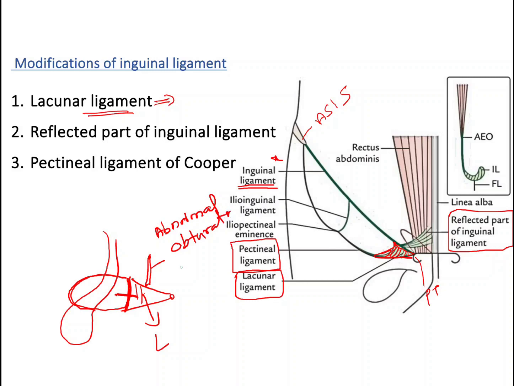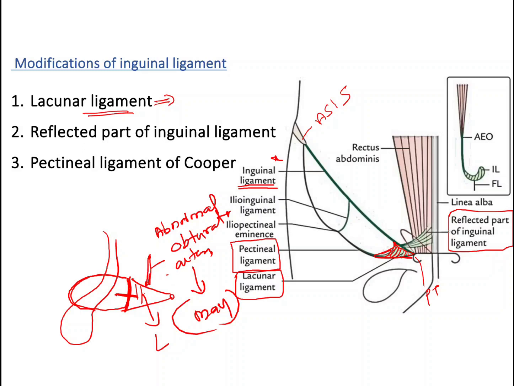Remember, it may be present. During the surgical correction of the femoral hernia or during the widening of this femoral canal, the surgeon has to look out for the abnormal obturator artery.